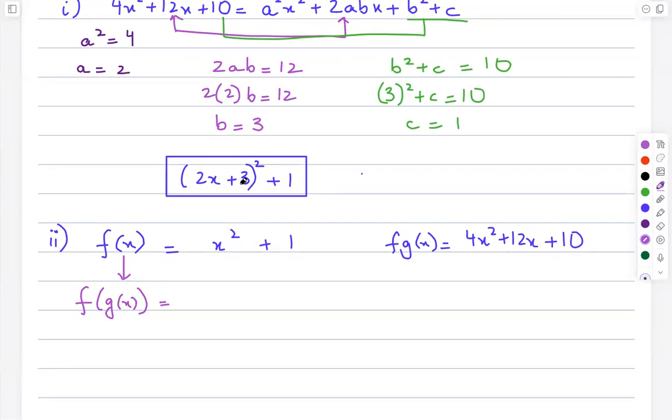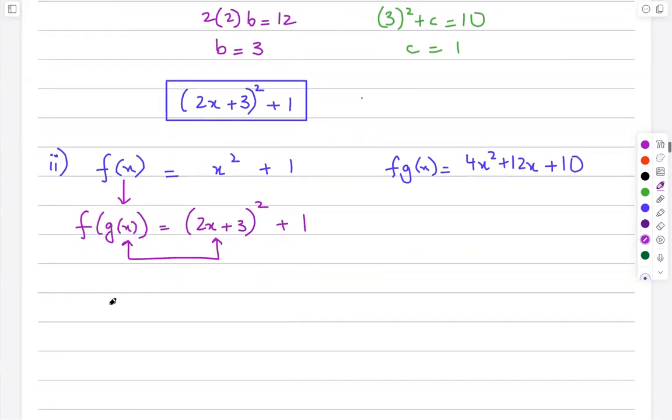We know that expression is 2x plus 3, which means that if we write 2x plus 3 in place of x, square it and add 1, like in the previous part, this will be equal to 4x squared plus 12x plus 10. So g of x will be equal to 2x plus 3.